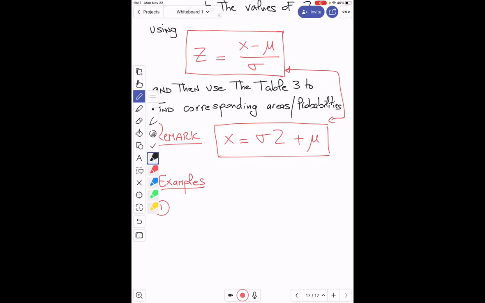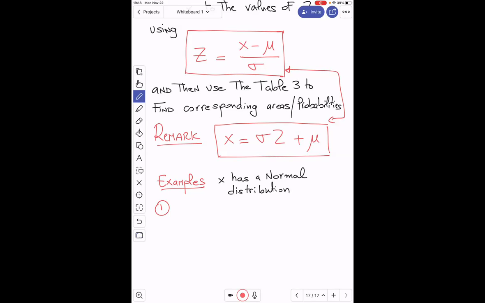Let's say we have x, and x follows a normal distribution. It's not the standard normal distribution, just some random normal distribution. In other words, the mean is not necessarily equal to 0, and the standard deviation is not necessarily equal to 1.